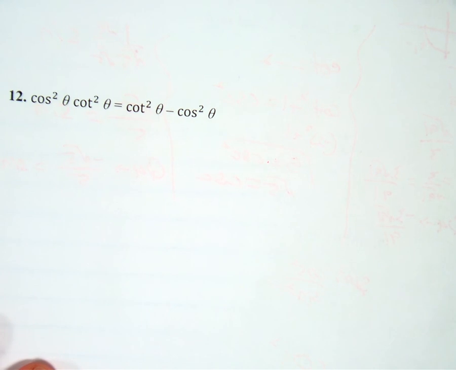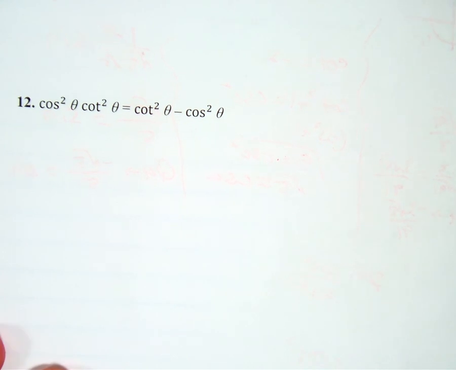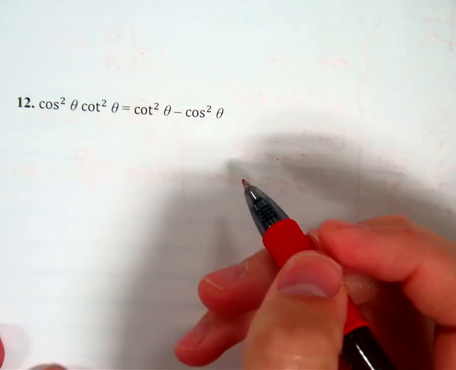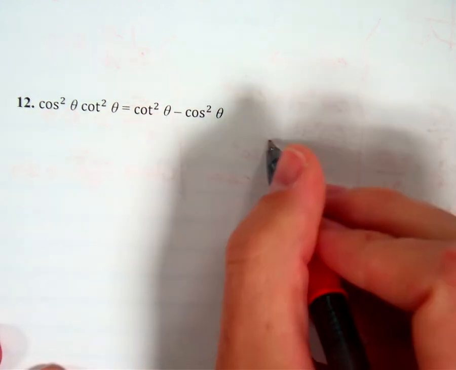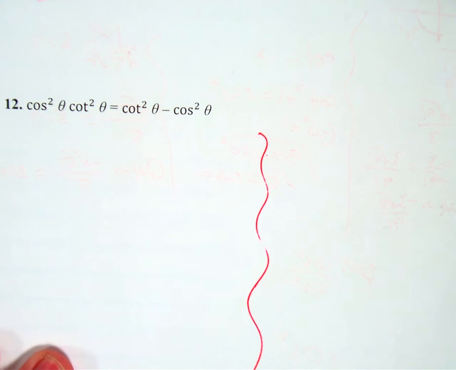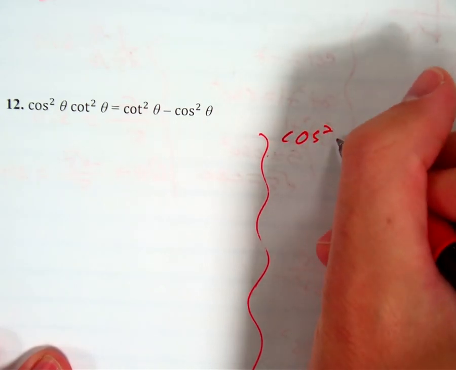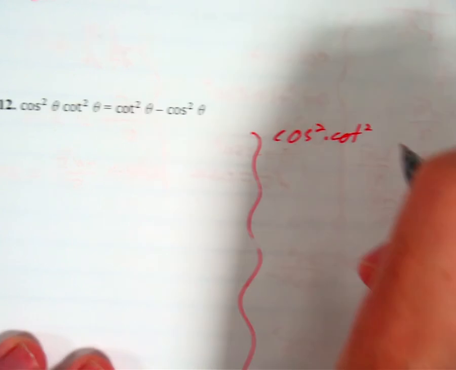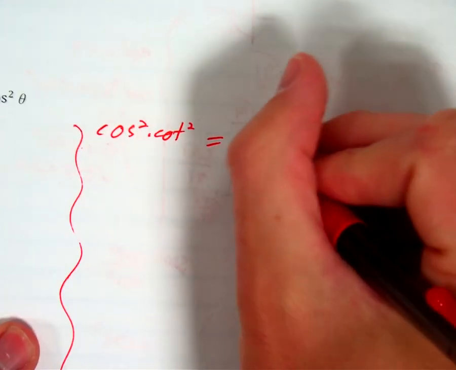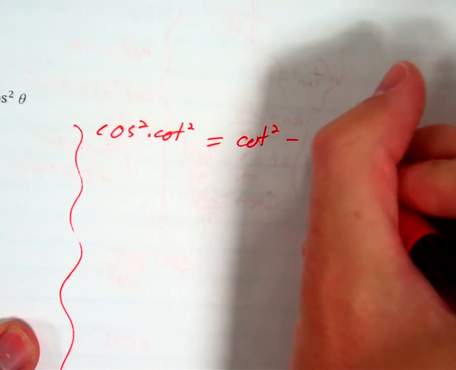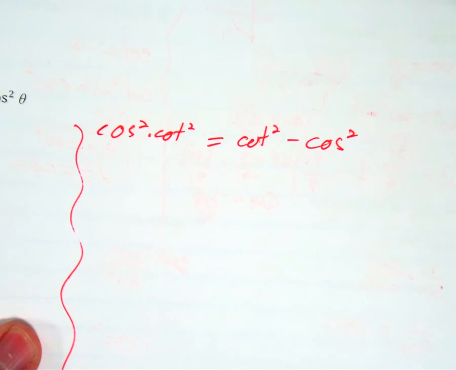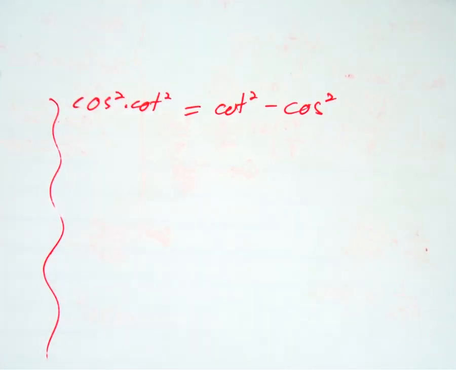Well, both sides are about equally awful, so let's go with the right side first. I'll write it down twice. I think we also did something very similar to this one in class. It might have been a homework problem somebody asked about.